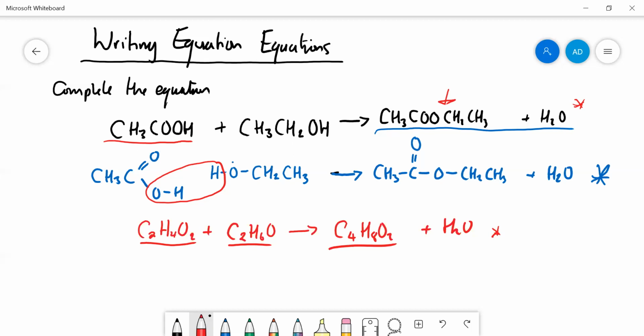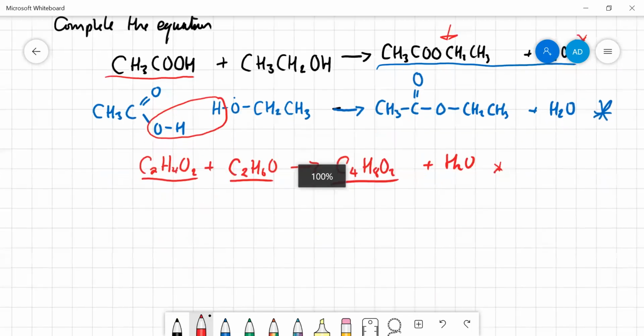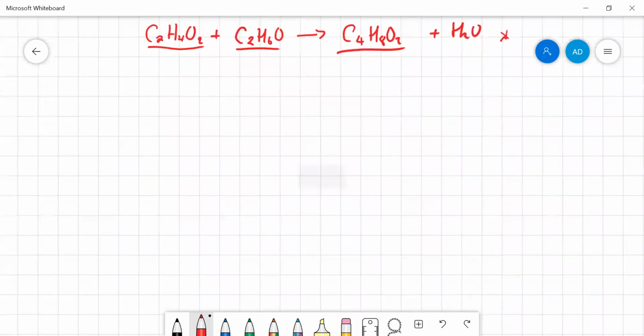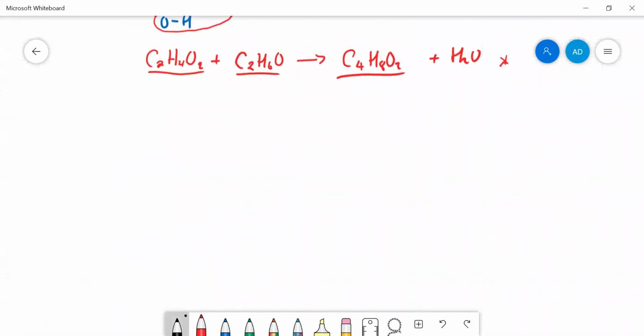Okay, so let's do a bit more of a complicated one. Not that much more complicated, but you can pause the video and see if you get the right answer. So let's say we've got next example. You've got CH3COCl plus, okay, so what is this stuff?